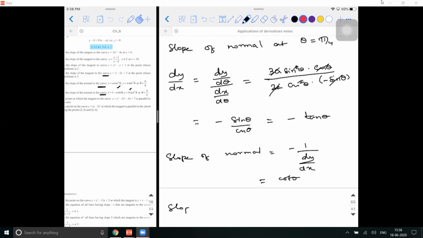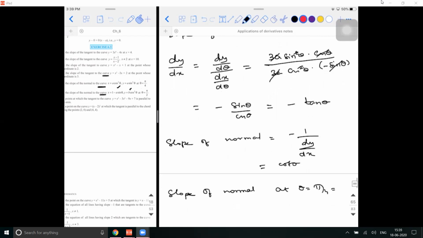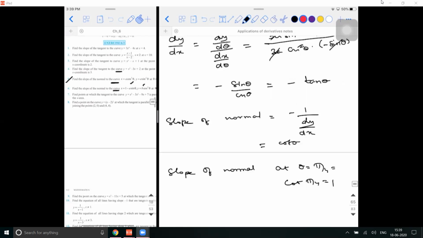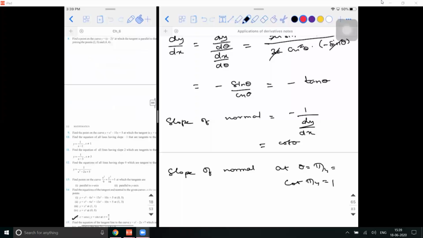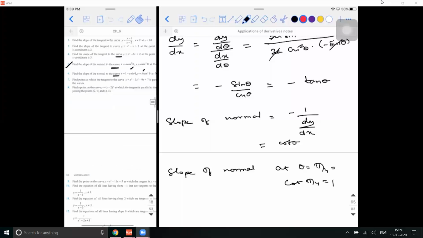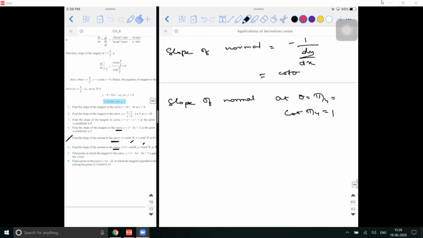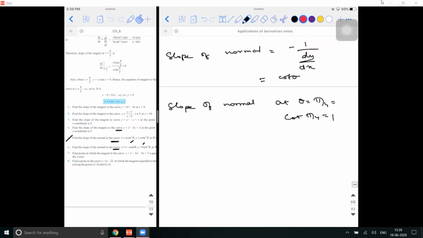So slope of normal at theta is equal to pi by 4 will give us cot pi by 4. That is the answer. Right? See, these are all simple problems. I will go to the sixth one.